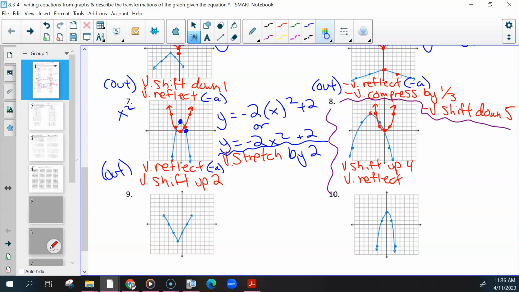It is a vertical compression, not by 2, but compressions are weird with quadratics, because if you're counting that distance, you see 2 over 2 instead of 2 over 1. So it always has to be a fraction. So it's going to be 1/2. So the number was right. You just have to make it into a fraction. So 1/2. Anything else?